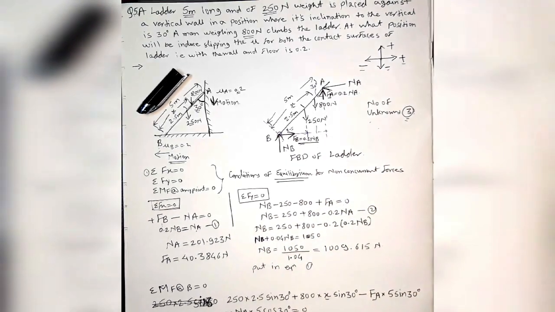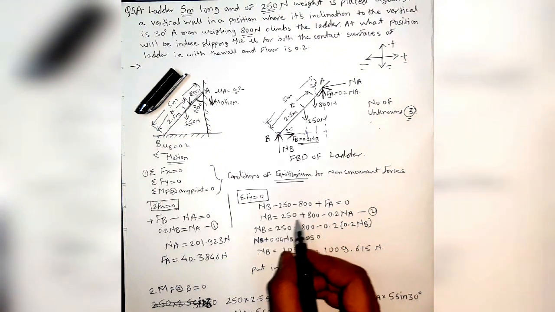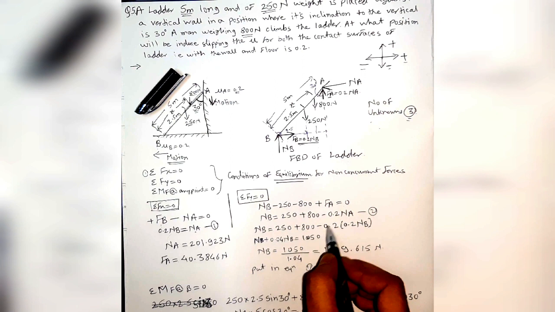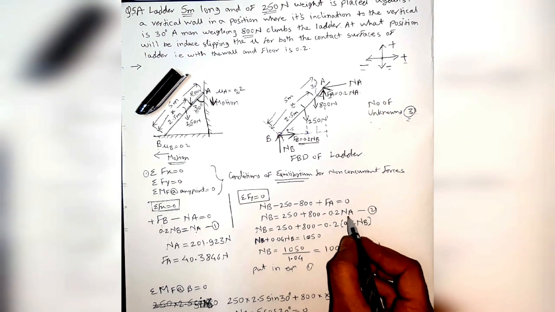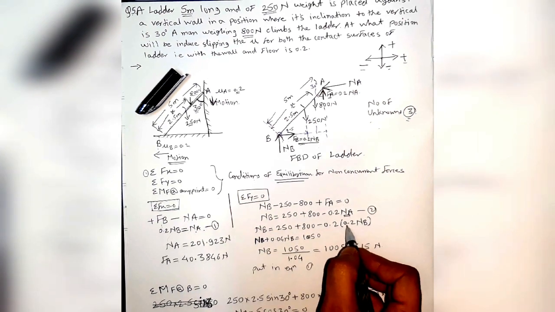That is the equation for summation Fy equals 0. Solving this, we can write NB is equal to 250 plus 800 minus 0.2 into NA. Putting the value of NA from equation number 1 here, 0.2 times NB.